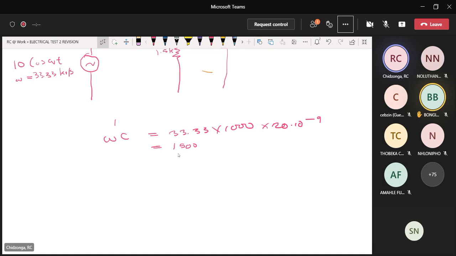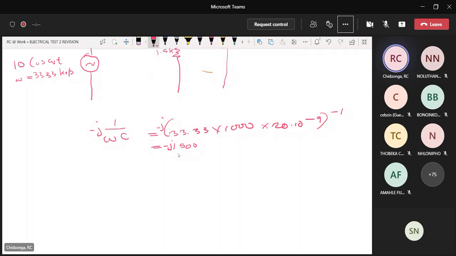All right. This is not omega C. I think she calculated 1 over omega C, which means let's correct this one. It's like that, you see? And then she was saying minus J, which means she put minus J here. So it's minus J there, so that becomes minus J. That is correct now, all right?